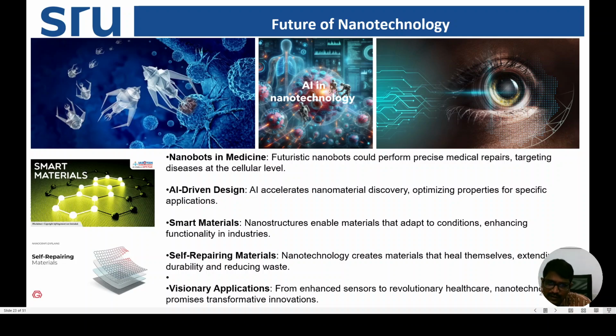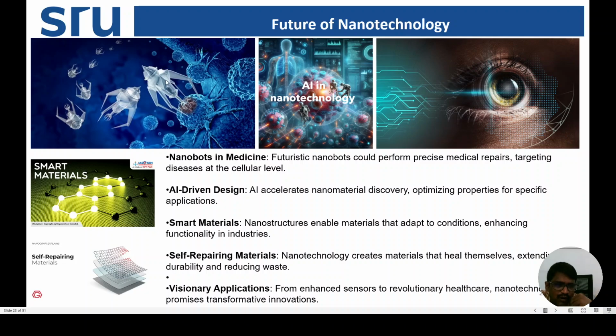So, future of nanotechnology. You can see this one. It's very interesting: nanobots in medicine. Futuristic nanobots could perform precise medical repairs, targeting diseases at the cellular level, at the atomic level.